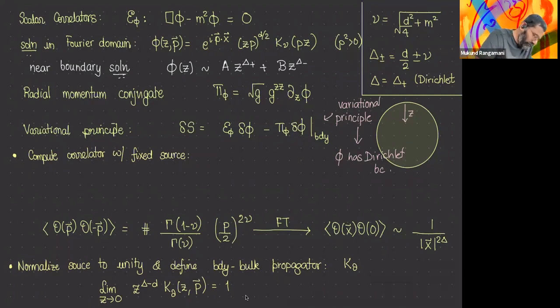I find that I have two fall-offs, one which is delta plus and one which is delta minus. Delta minus is a slower fall-off, and delta plus and minus are determined from the asymptotics in terms of the space-time dimension and the mass of the field.